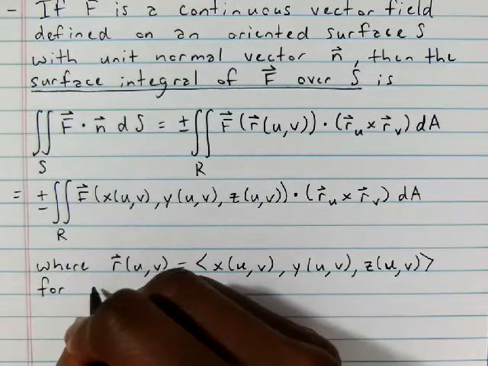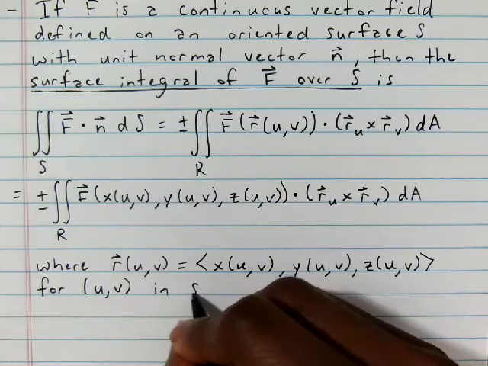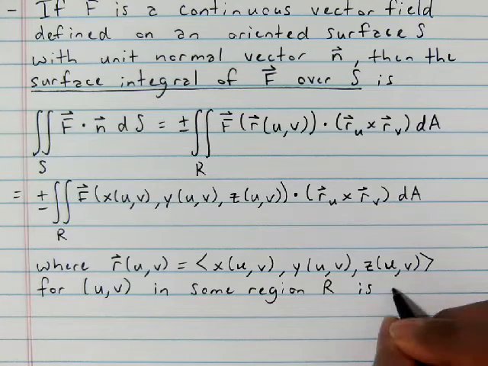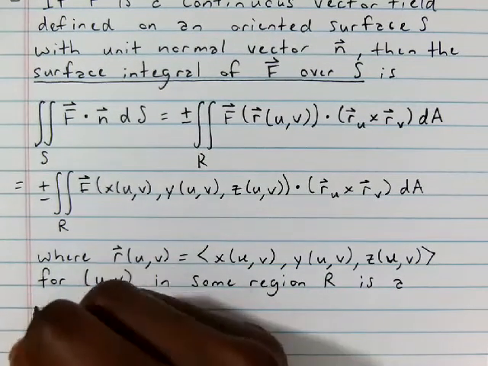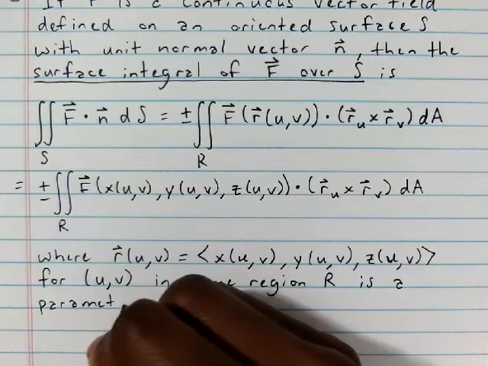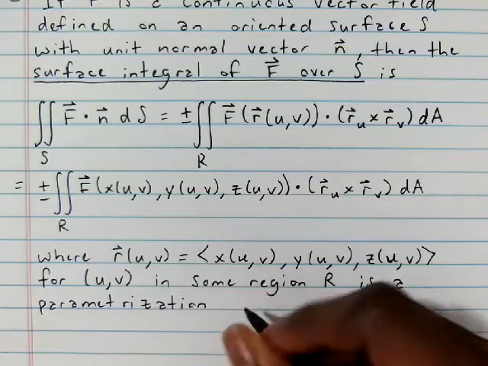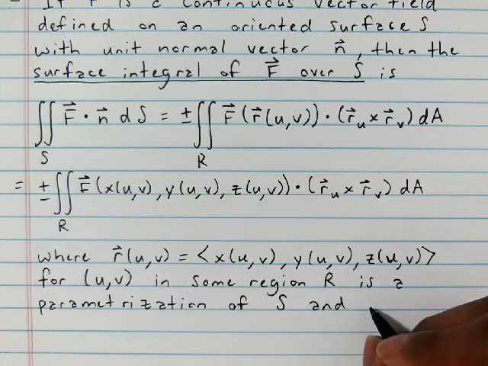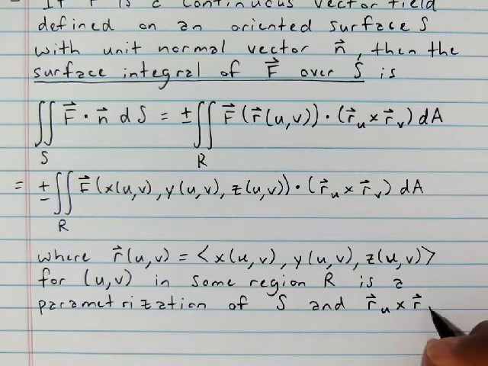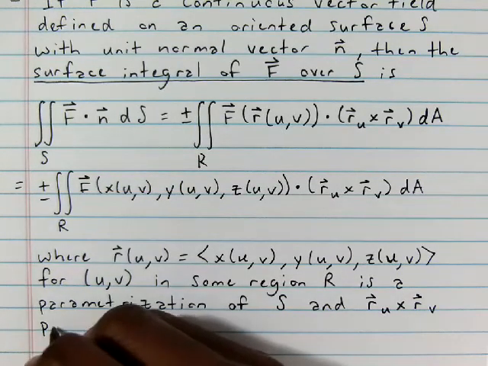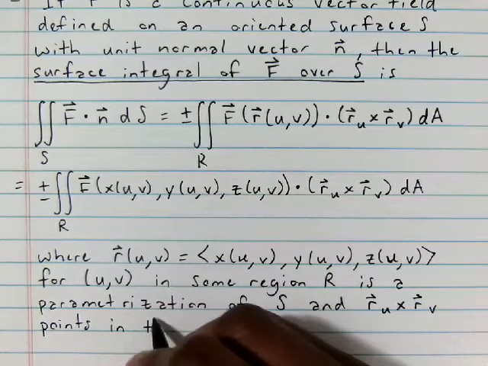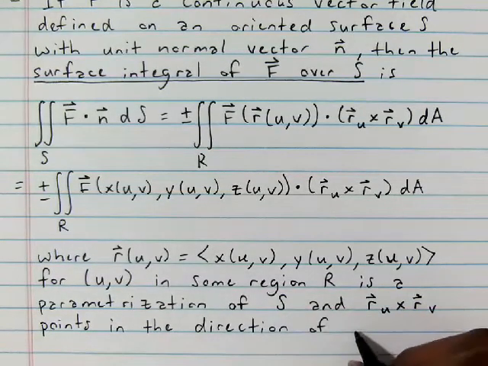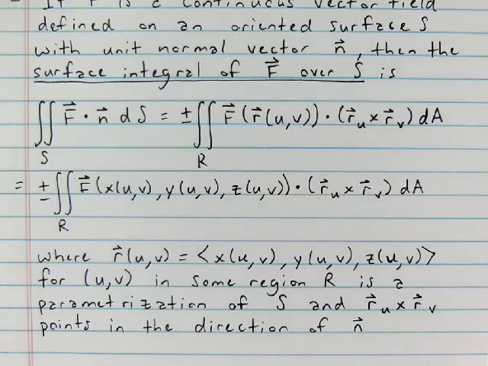For (u,v) in some region R, is a parameterization of S, and R sub U cross R sub V points in the direction of what your unit normal vector is.